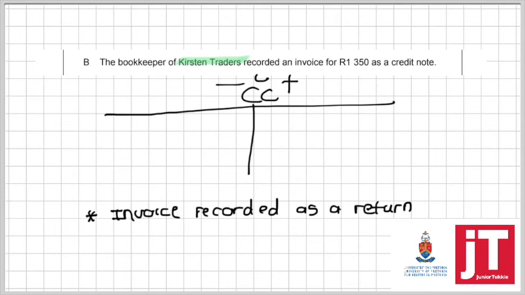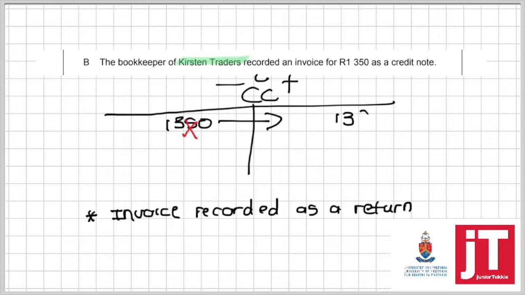Again, I'm going to stress the importance of understanding the basics. You need to know, where would a return be shown in our books? In our books, it will appear on the debit side because we owe them less money. So we have incorrectly shown the $1,350 on the debit side. So to correct this, we need to take it out.